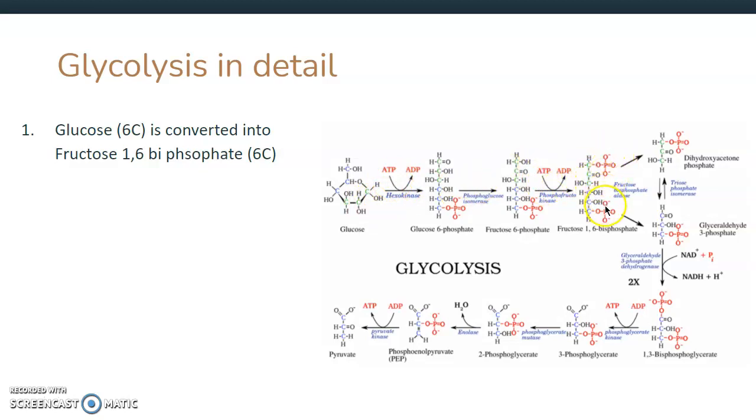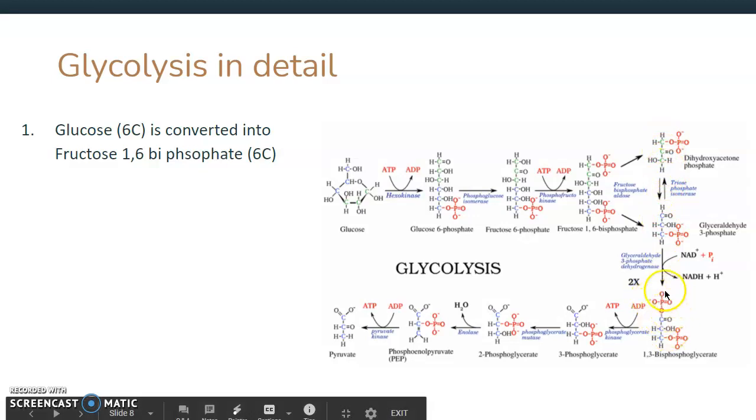So we have our phosphate groups, and then we break the chain. We break this into 2 3-carbon molecules, but then we want to add a phosphate group onto either side again.